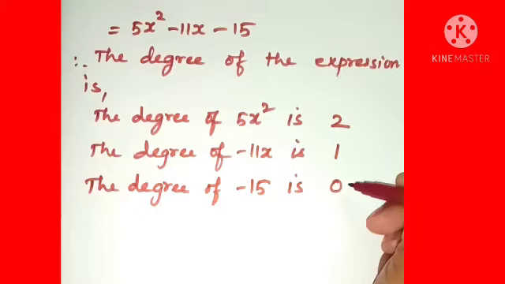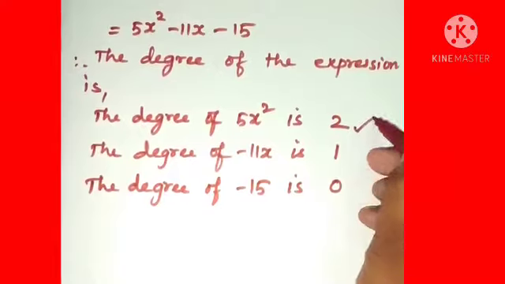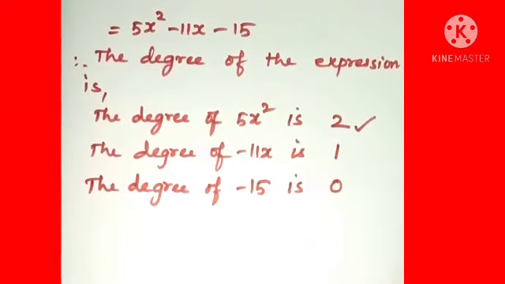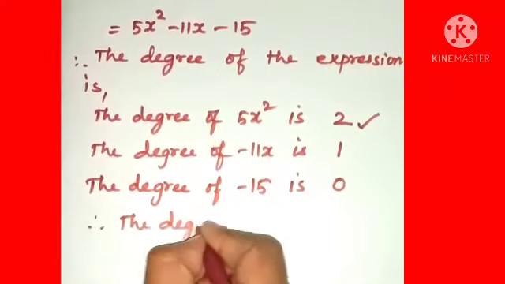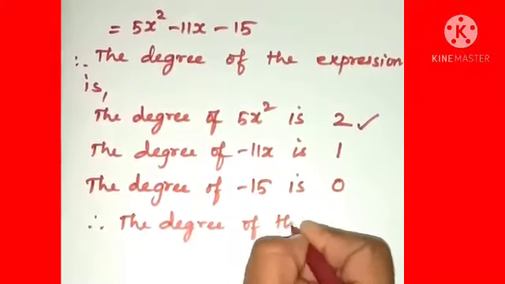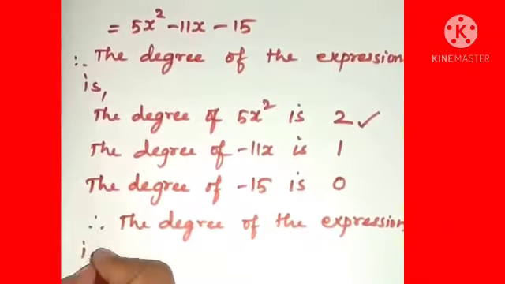Now what will be the degree of the expression? Yes, the highest degree of the terms will be the degree of the expression. Here 2 is the highest power, highest degree. Therefore, the degree of the expression is 2.